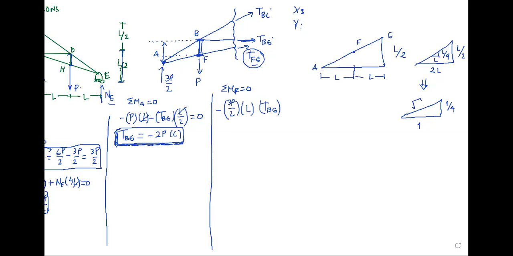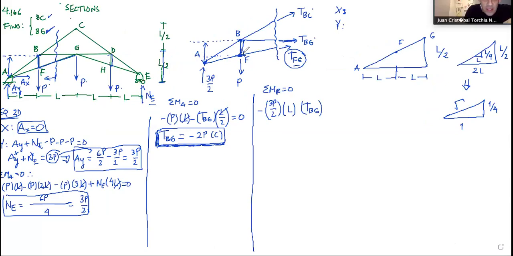Now I can go back to my problem and see that this distance from here is actually going in the floor or horizontally the L, and this little bit from here to there should be L divided by 4, because this distance from here to there, sorry about the mess, L divided by 4. So therefore, this guy should be L divided by 4. Why? Because all this thing from this floor to B should be L divided by 2. That's how I got it. So let me just erase a little bit of this mess.